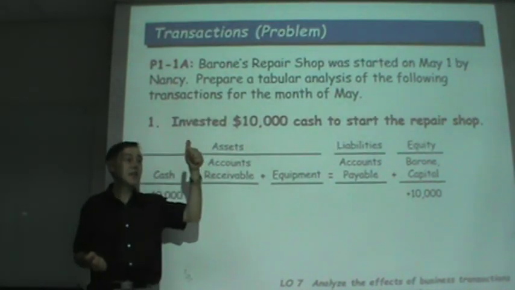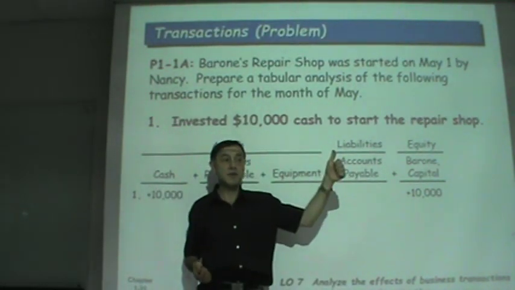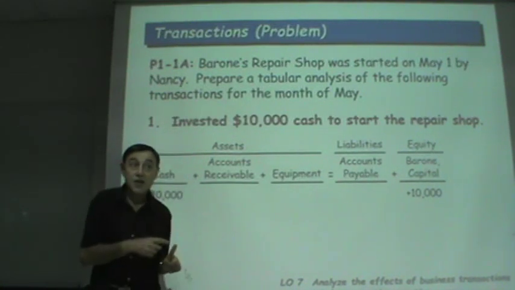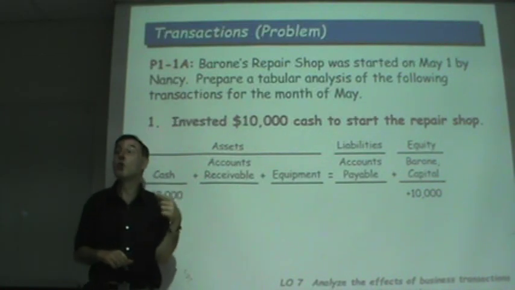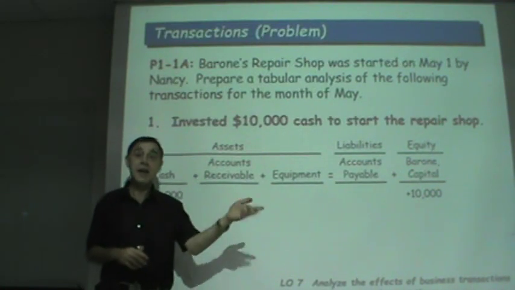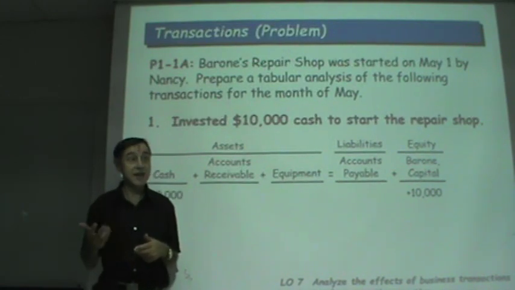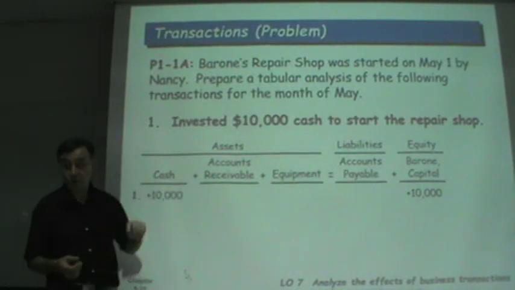Cash, 10,000 up, and equity, 10,000 up. Okay? So, you always have to think in terms of going up or going down. Because later we will use for this debit and credit, which is coming next time. So cash up 10,000 and equity.